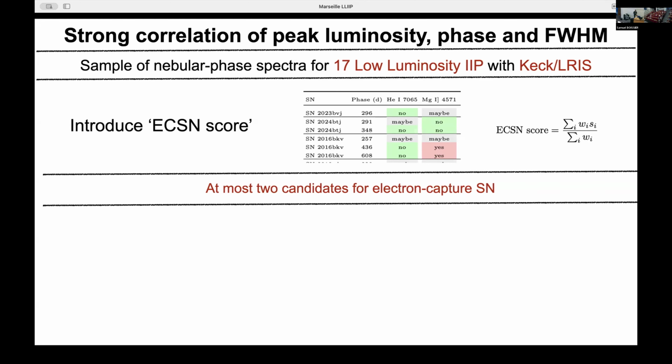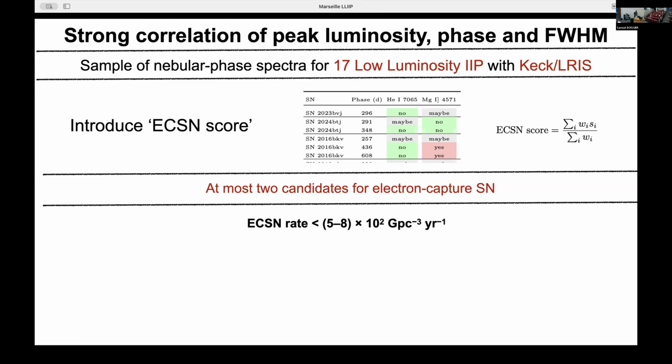And we find that there are at most 2 candidates for electron capture supernovae for which the line diagnostics match the electron capture supernova scenario more than the red supergiant scenario. But the line widths of these lines are almost twice that of what the models predict. So we give this as an upper limit.